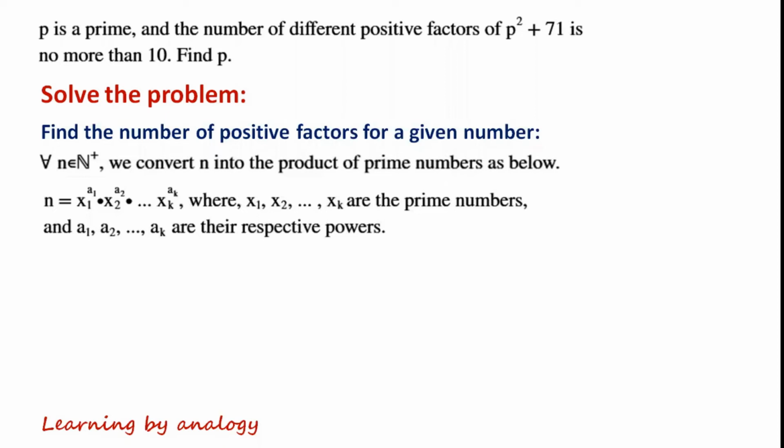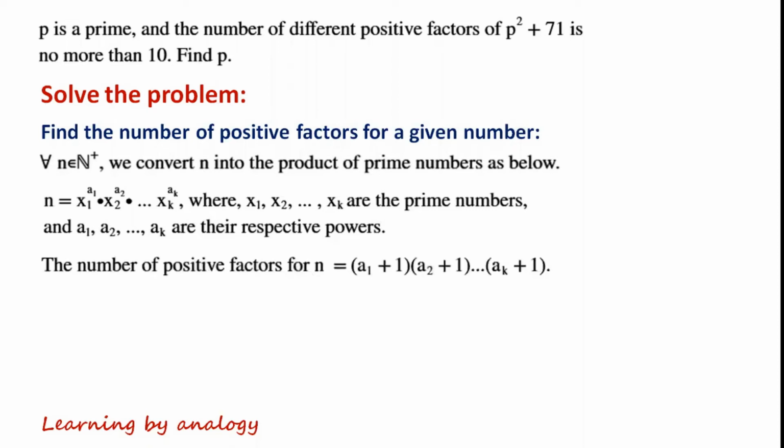N equals x1 to the power of a1 times x2 to the power of a2 times so on times xk to the power of ak, where x1, x2, and so on, xk, are the prime numbers, and a1, a2, and so on, ak, are their respective powers.